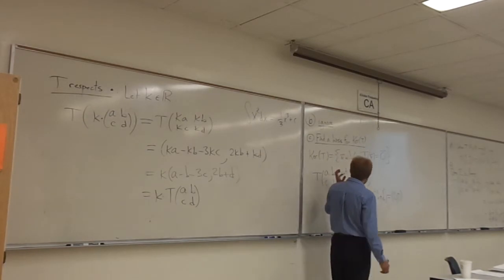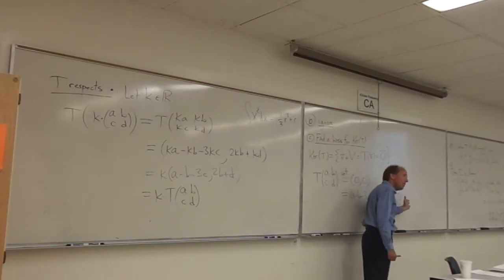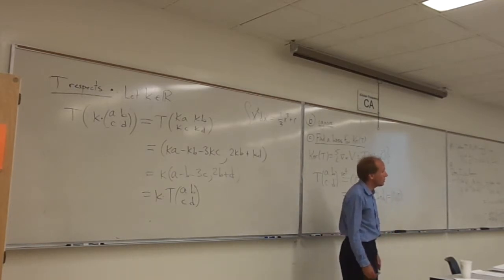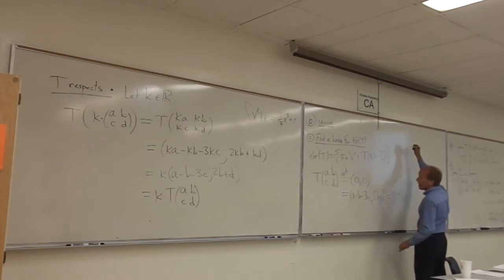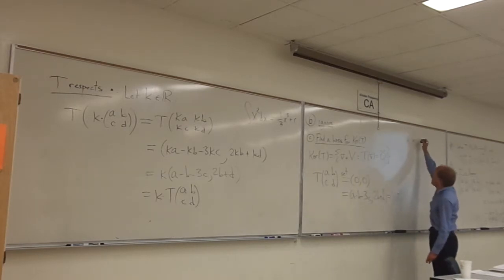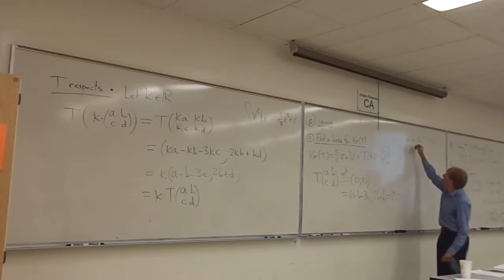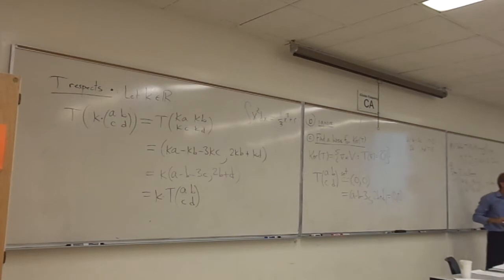We basically want to solve which matrices satisfy this. But this is just a system of equations, right? So we have A minus B minus 3C equal to 0, and then 2B plus D equal to 0.